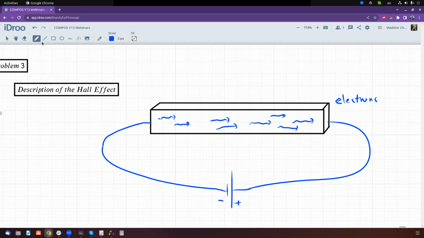Now, if you introduce a magnetic field, let's say you have a magnetic field going this way, or in other words, just going into the page. Yes, so magnetic field. What would happen to the moving electrons?